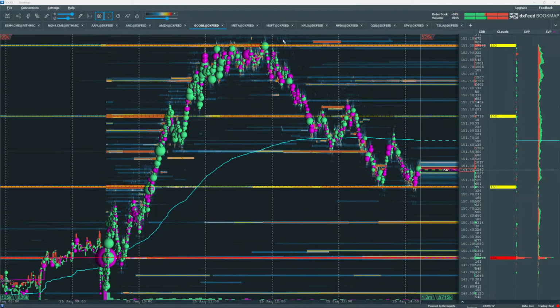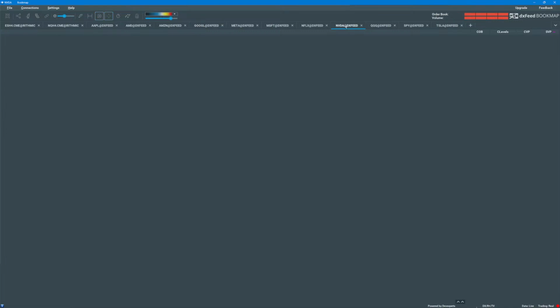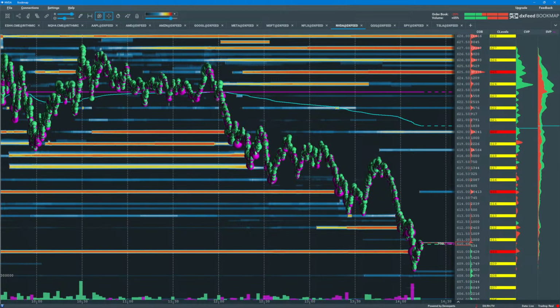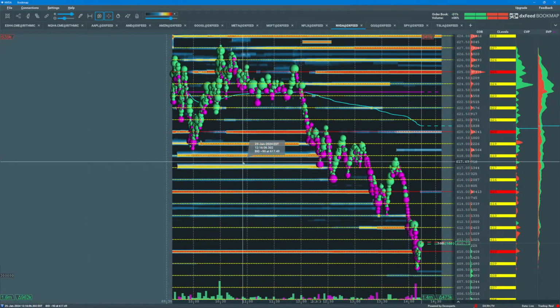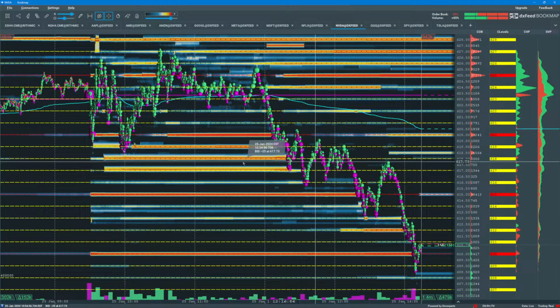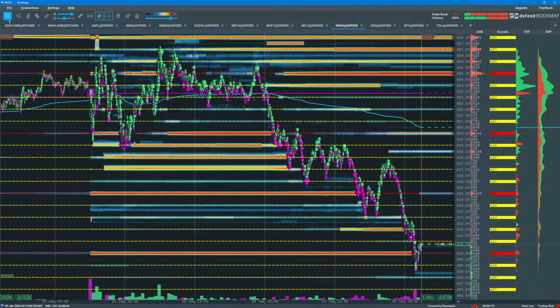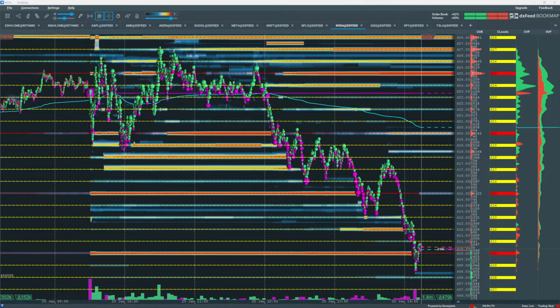All right, the next is NVIDIA. All right, so the main thing that I want to point out for NVIDIA here, and I'm just going to leave the chart like this instead of zooming in, is this move higher right here.